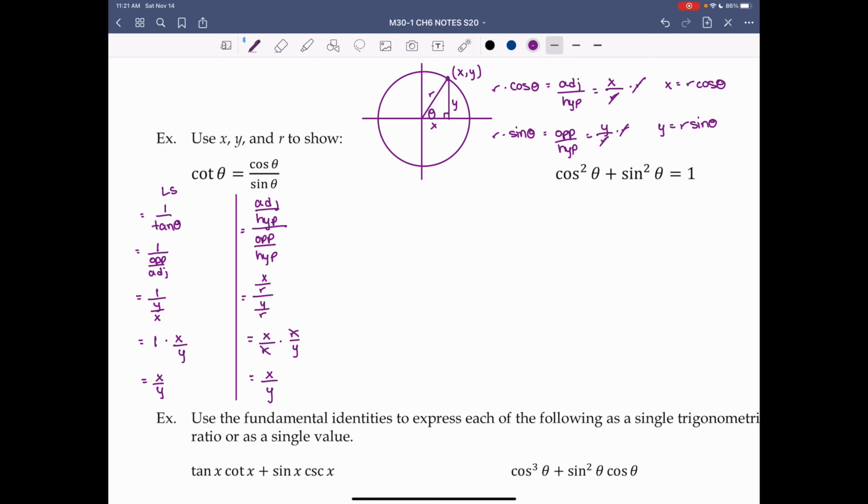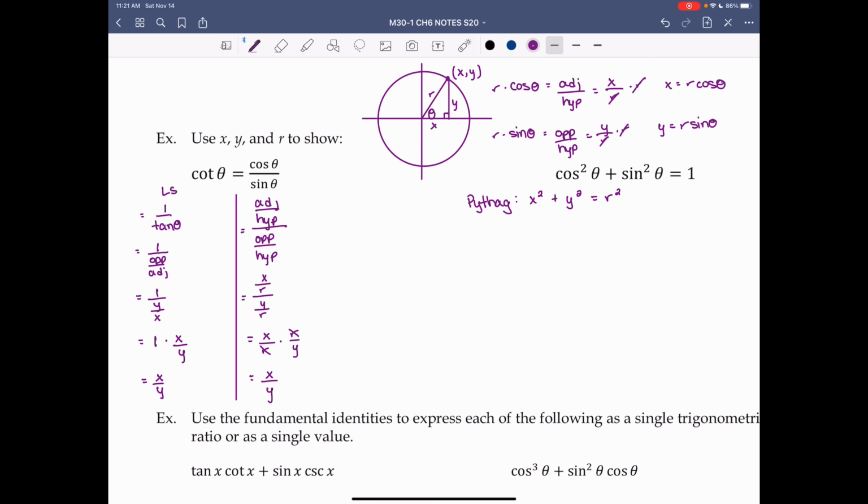Then in Pythagorean theorem, for this triangle in this circle, we have the side x squared plus the side y squared would equal the radius squared.